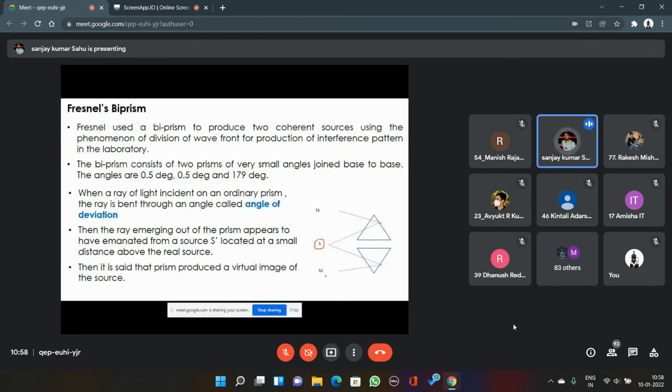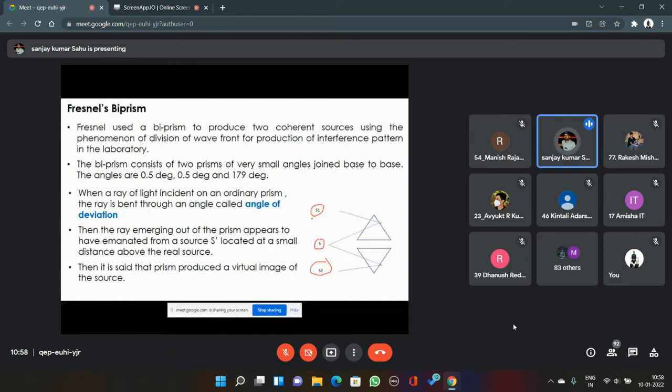Then obviously the phase difference will be the same, as long as the material, the cut angle, everything are the same for these two prisms. Then these two sources can be treated as emitting lights which are coherent to each other, generated from the single source S by using two prisms.